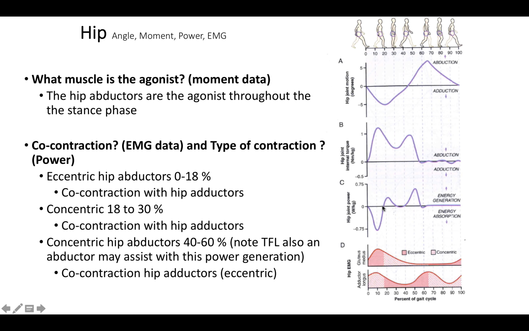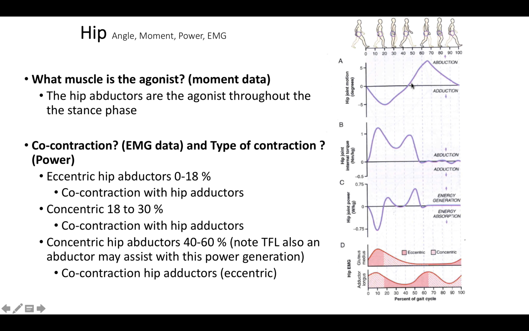And that's going to be immediately followed by a concentric burst of the abductors, because the agonist is still the abductors, which helps initiate this abduction motion here. And then after it initiates, the power goes to 0, so it's more of an isometric contraction, because we see there's a fairly good agonist moment being generated here.